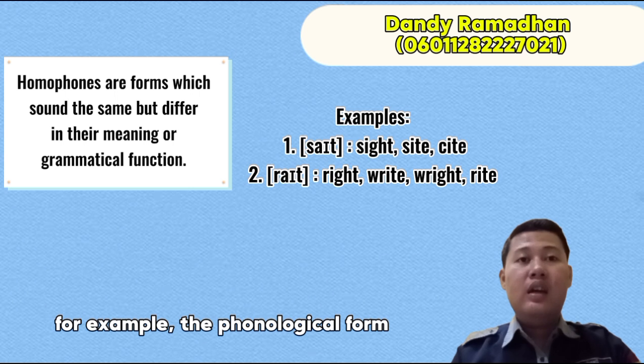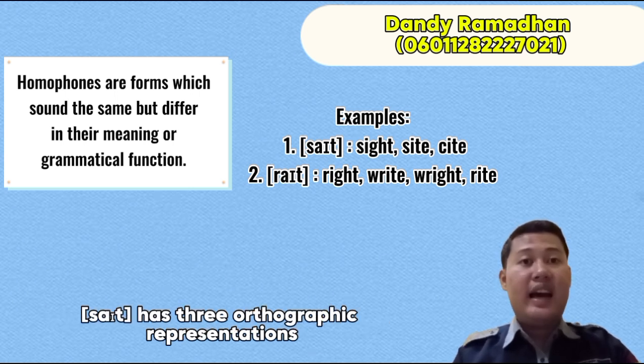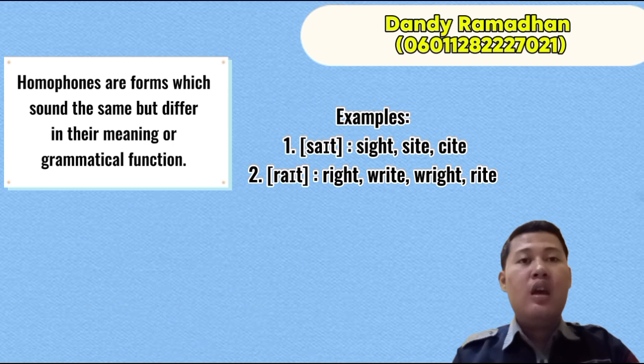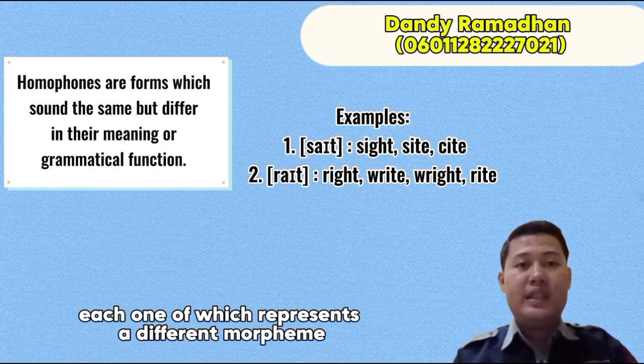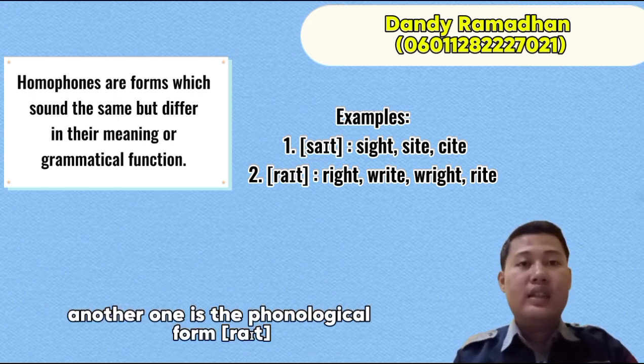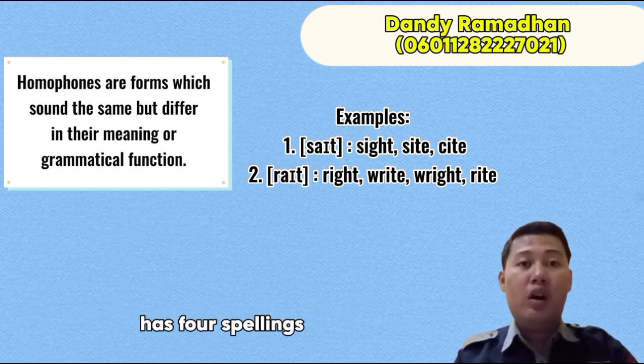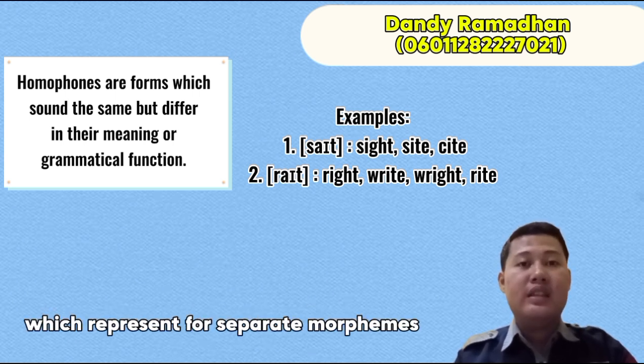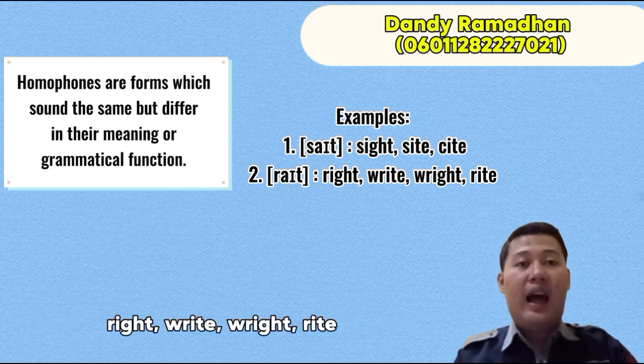For example, the phonological form site has three orthographic representations, each one of which represents a different morpheme: sight, site, cite. Another one is the phonological form right, which has four spellings which represent four separate morphemes: right, write, rite, wright.